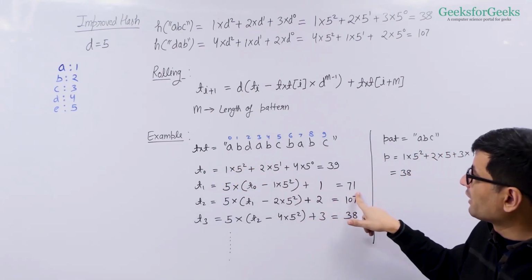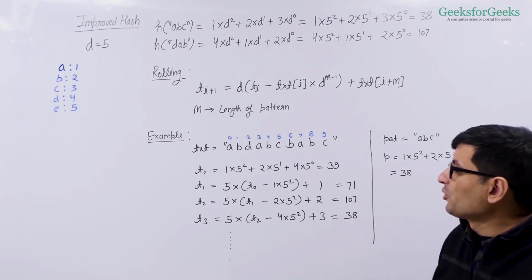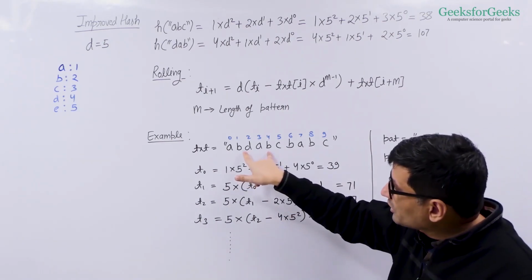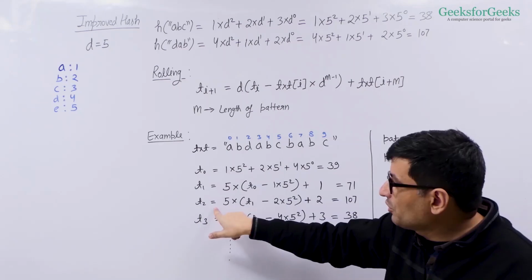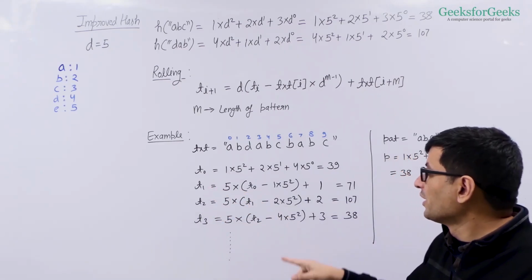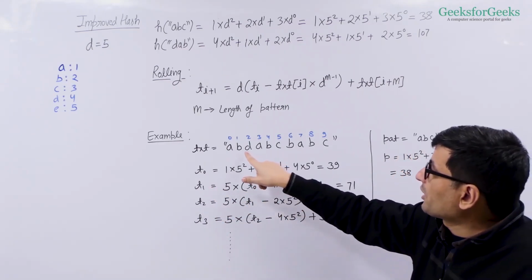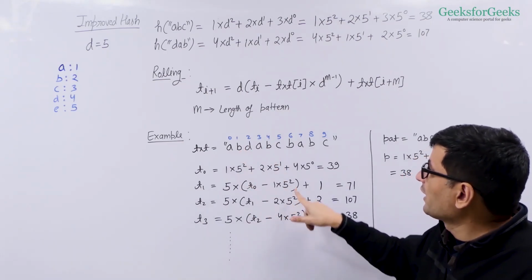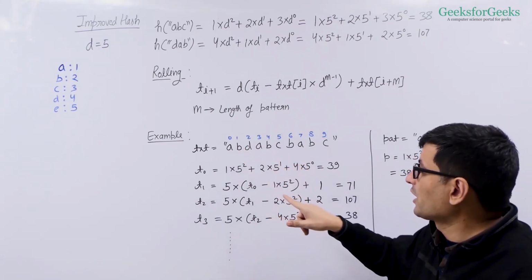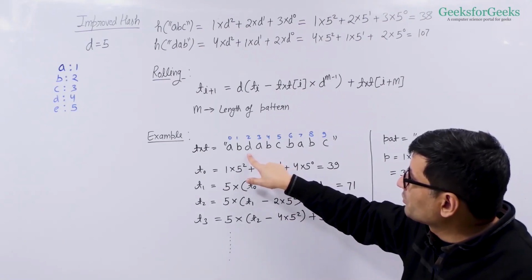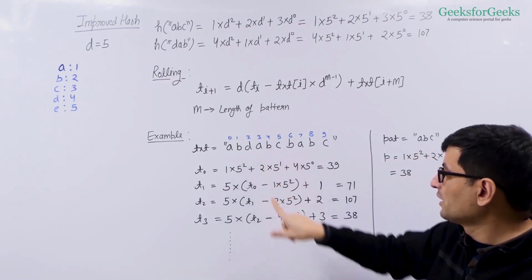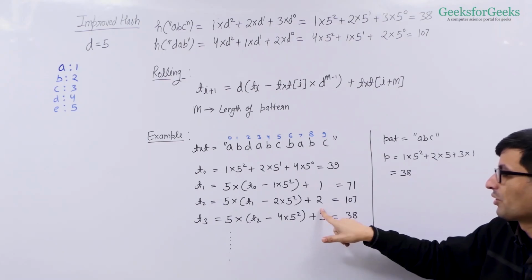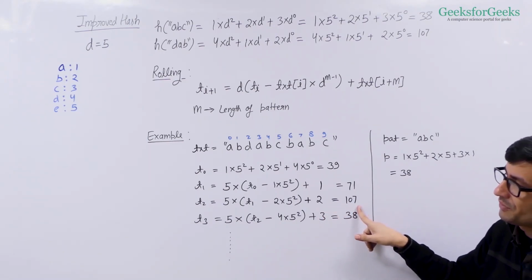And that's how we get the value 71. And to compute the hash value of the next window, we use the value of t1. We subtract the first character of the previous window, 2 into 5 square, and add the last character of the current window. So the current window's last character is b, so we add 2 here for b, and we get this hash value.